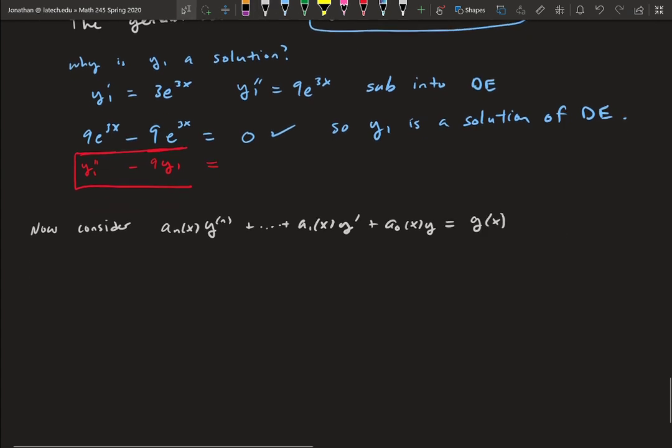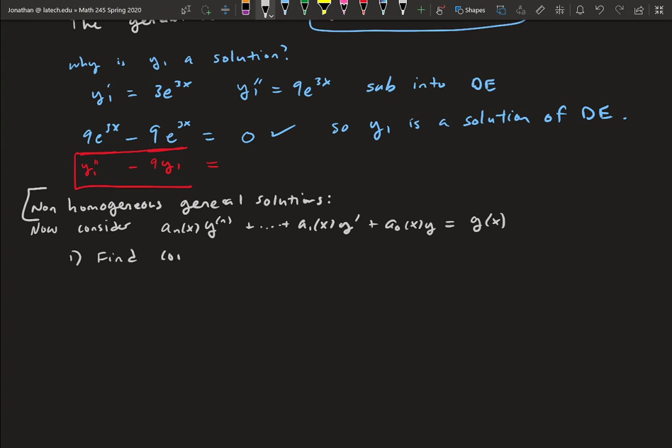The first thing you always want to do when you solve a non-homogeneous equation, for general solutions, is find the corresponding homogeneous solution, yh(x) equals c1 y1 plus ... cn yn.